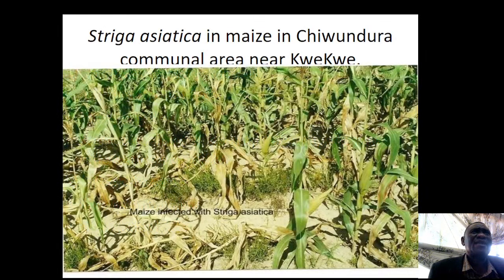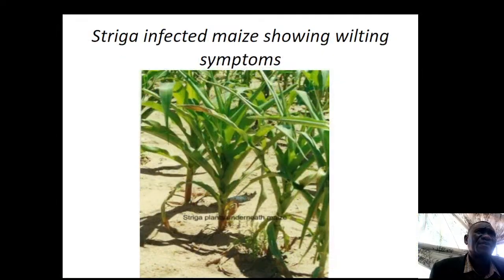This is the effects of striga on the maize. You can see leaves drying and lodging of maize. Here you can see the infected maize showing wilting symptoms, even under wet conditions.